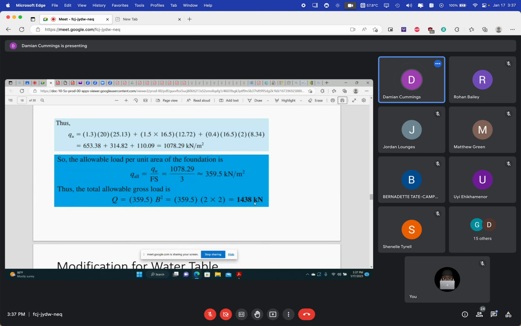Times 3. So we have that times 9 times 359.5 equal to. So if I increase my footing to 3 meters by 3 meters instead of 2 by 2, right?